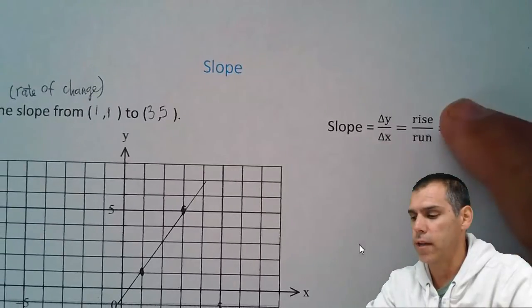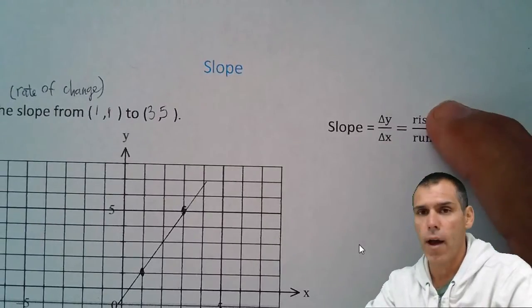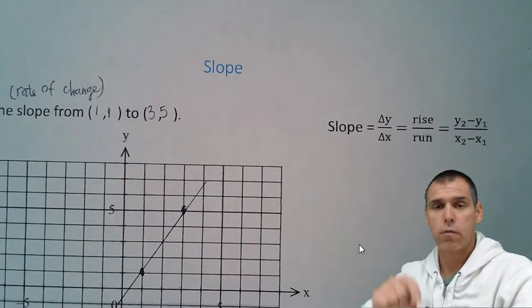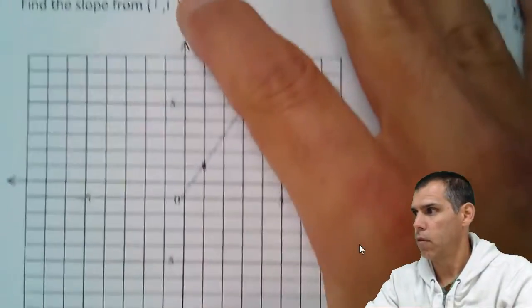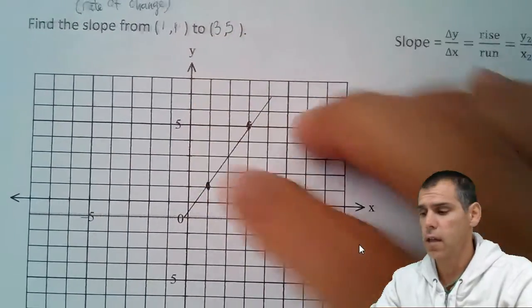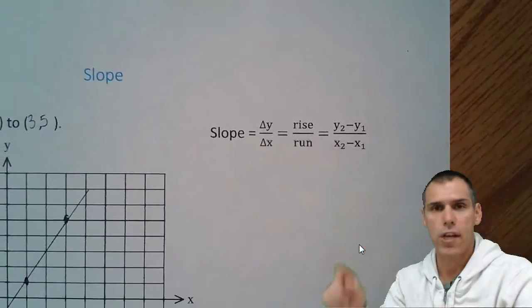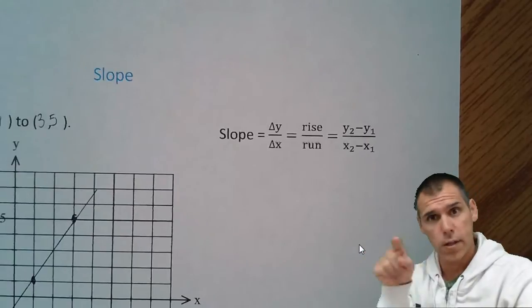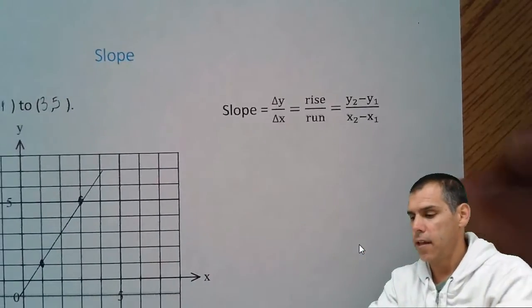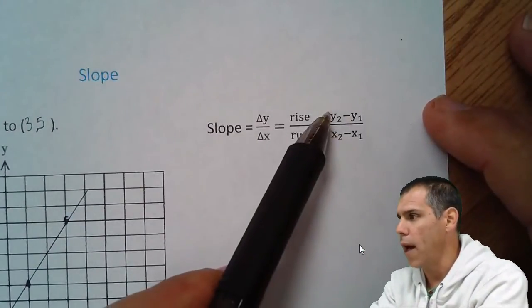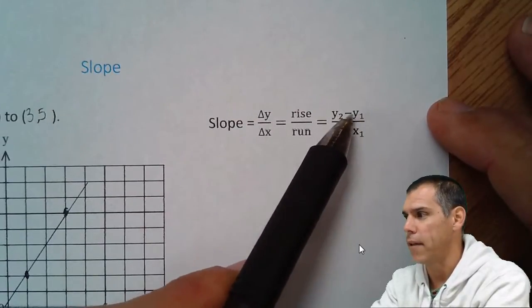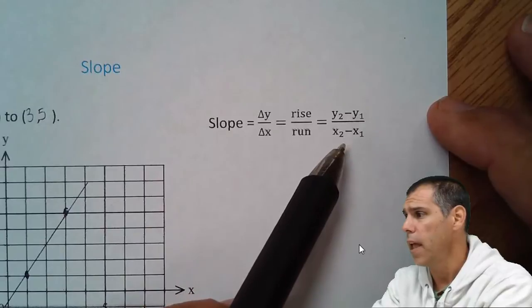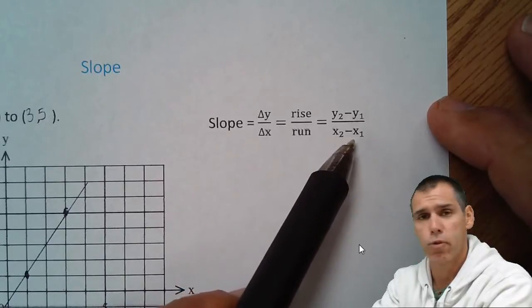And that is known as rise over run, because the rise is going up and down, the change in y, and the y value is the vertical axis, and the run is the change in the x, or the horizontal axis. And this right here is called y sub 2 minus y sub 1. We're just taking two y values and subtracting them versus two x values and subtracting those.